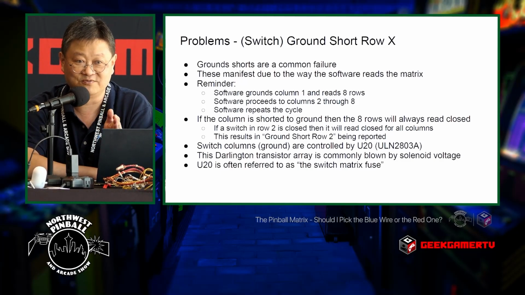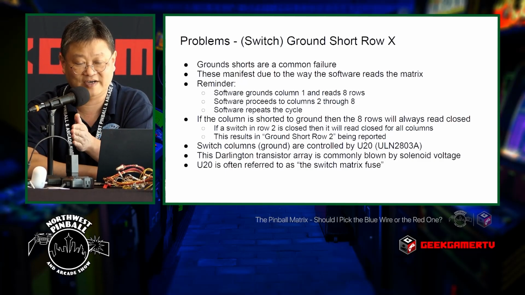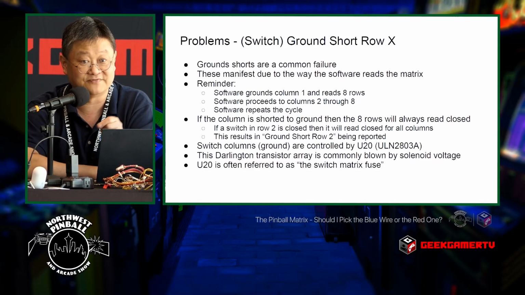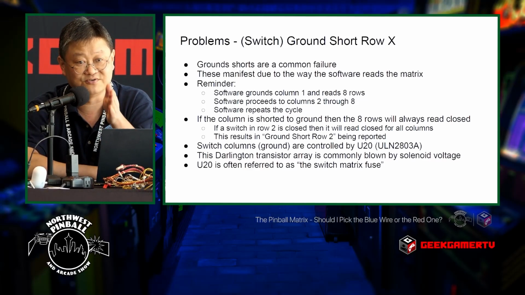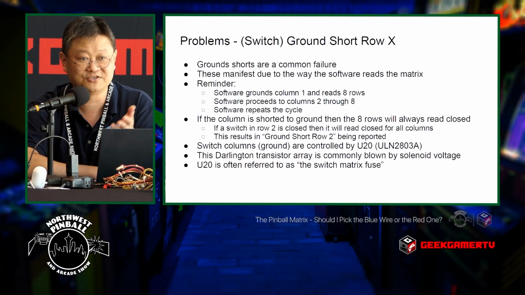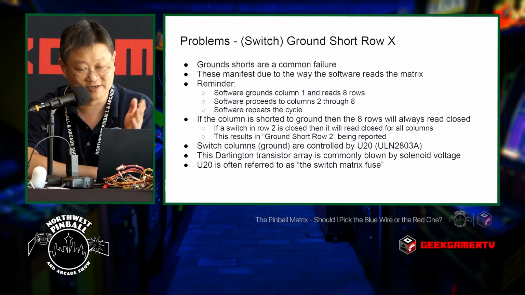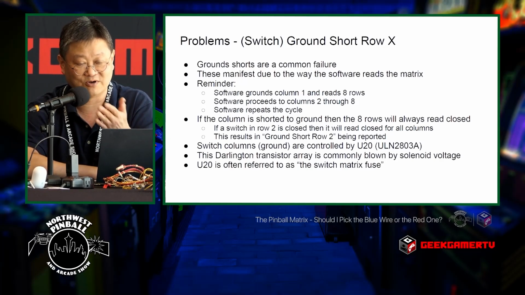Now, if everything were working properly and column 4 were not grounded, it would say that switch is open. But now there is an errant path to ground through that column, and it thinks that row 2 is actually closed, even though it's not. And it goes through the entire 8 columns, and it says, well, row 2 is closed in every column. Every time I switch column, row 2 is closed. What's going on? And then it reports ground short, row 2.